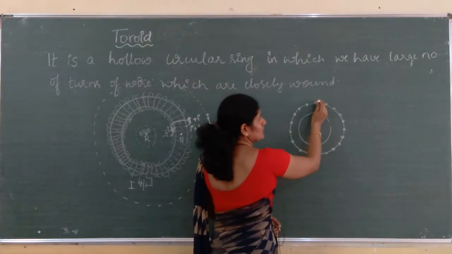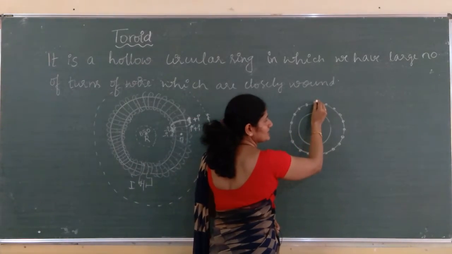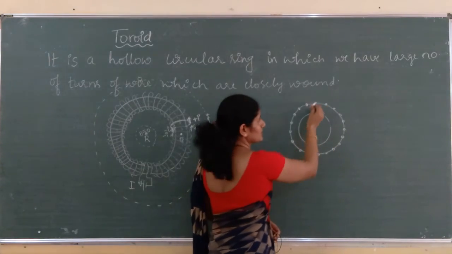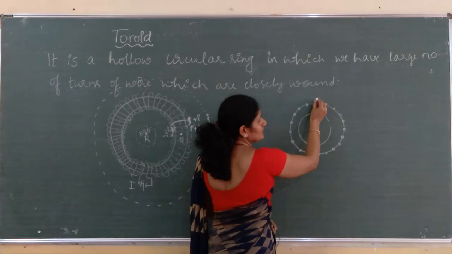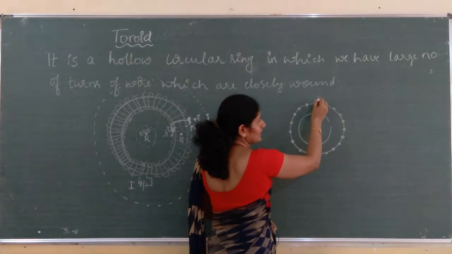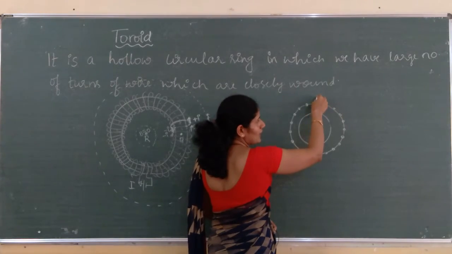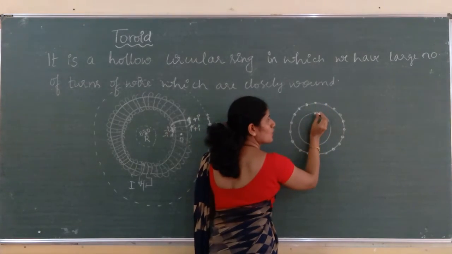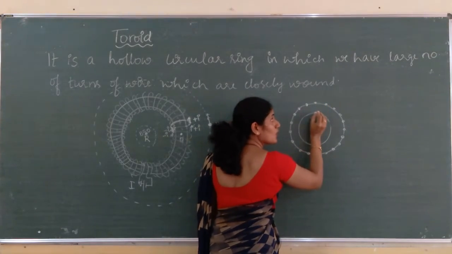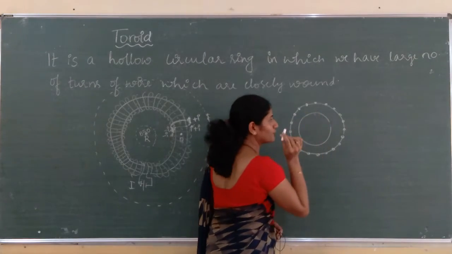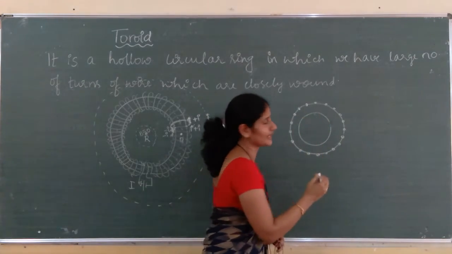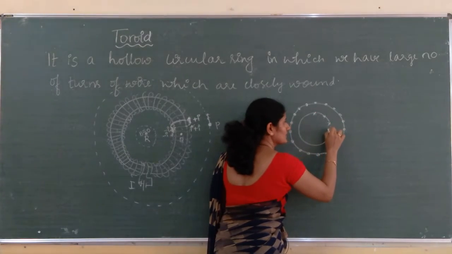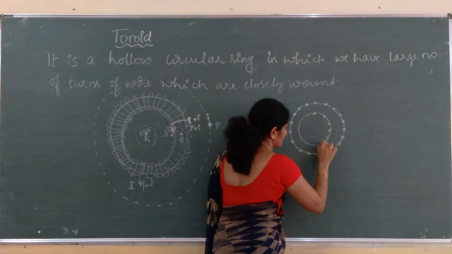So, here the current is coming out, therefore it is denoted by a dot. This is the direction of current. After this it will go like this and at this point it will go into the plane. If it moves into the plane, then it is represented by a cross, so I will denote it by a cross.